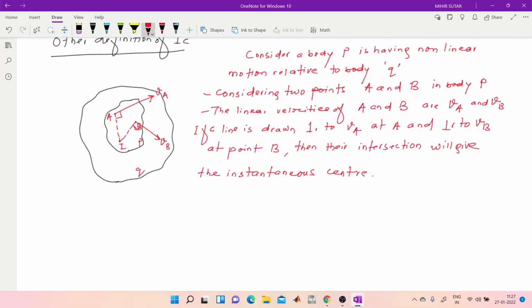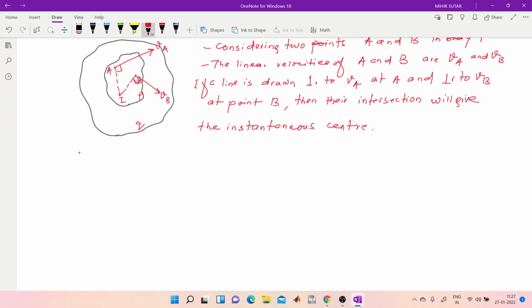Now, determination of velocity at a point on a link.